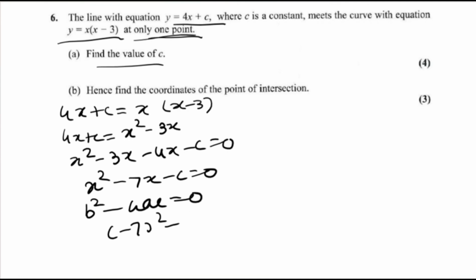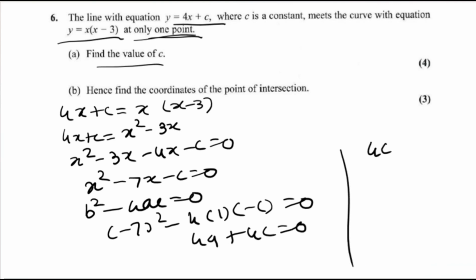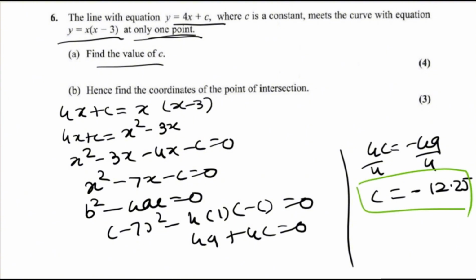Minus 7 squared, 4a is 1, c is minus c, equal to 0. So 49 plus 4c equal to 0. So 4c is equal to minus 49. Divide by 4, divide by 4. So c is equal to, in decimal, minus 12.25. So this is our value of c.